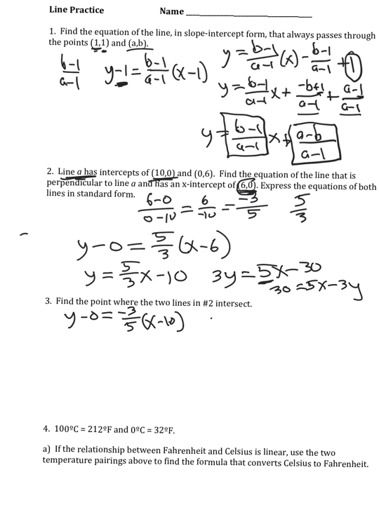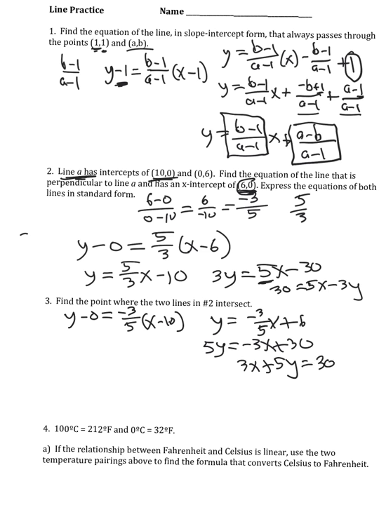And that's going to give us y is equal to negative 3/5 x plus, because negative by negative, 30 over 5, so that's going to give us 6. Now I'm going to make this into standard form to get 5y is equal to negative 3x plus 30, or 3x plus 5y is equal to 30.